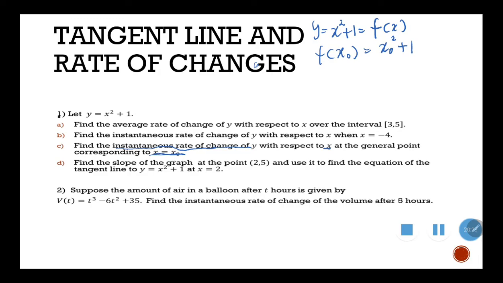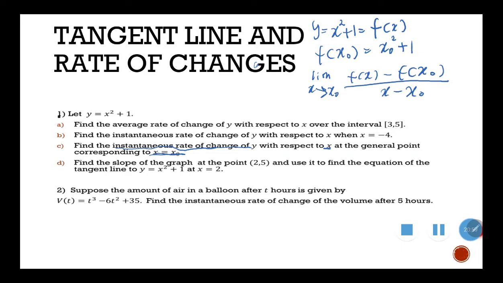Instantaneous rate of change, you must use the equation to find m, but include the limit. Okay, so the limit here is as x approaches x naught of f(x) minus f(x naught) over x minus x naught.